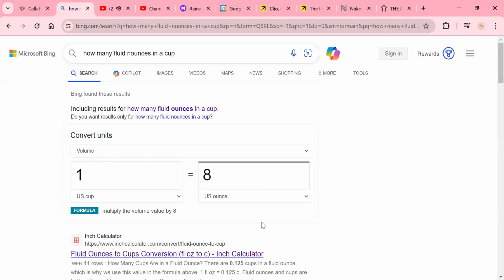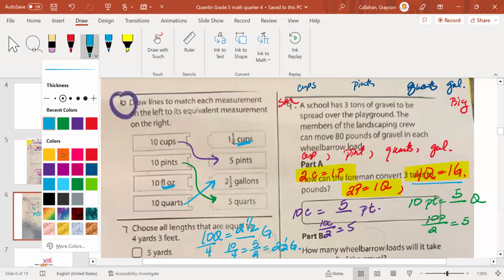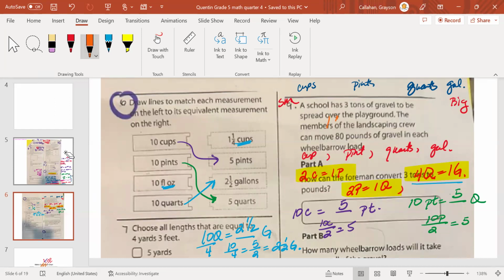Do you see that? So let's go back over here just to make sure that we're doing this correctly. Okay. So we know that 8 fluid ounces equals 1 cup, right? 8 fluid ounces equals 1 cup.